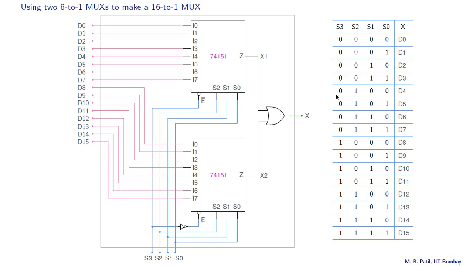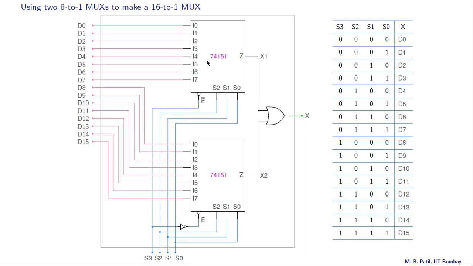Since S3 is 0, this mux is enabled, this mux is not enabled, so this x2 is made equal to 0 and our x is equal to x1 as we have seen before. Now what are the select lines for this first mux? S2, S1, S0, that is 0, 1, 1. So we have 0, 1, 1 here, that is decimal 3.